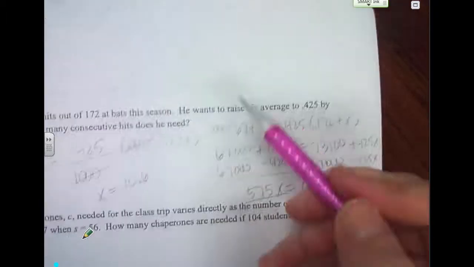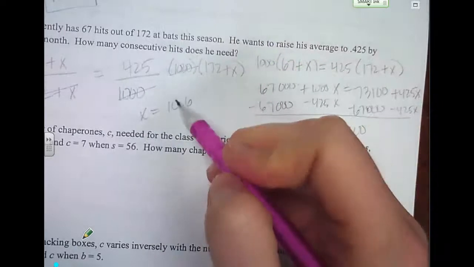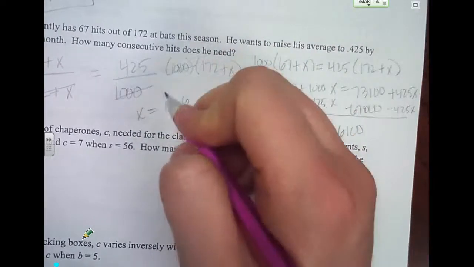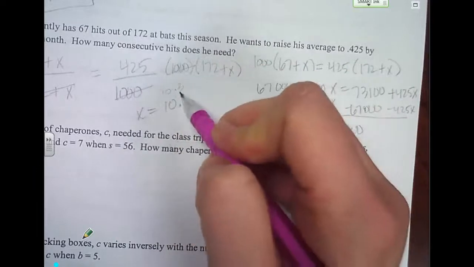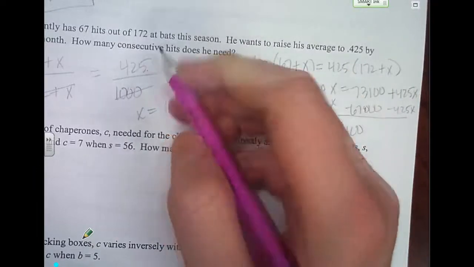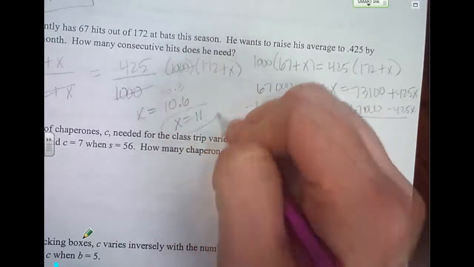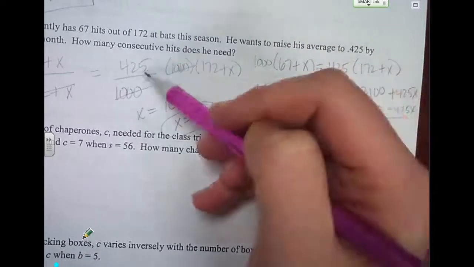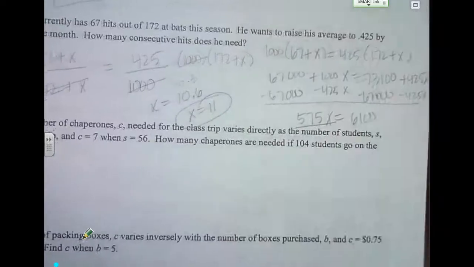Now, we didn't talk about this, but I was talking to another person about this, and even if this was, let's say, like 10.3, you need to round up in order for him to actually reach this. So here we would say 11, but if it was like 10.3, you would still say 11 because you need that extra hit in order to get to .425.